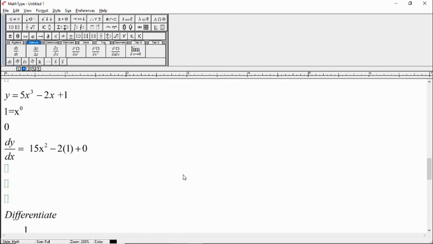So just like how 35 differentiated will become 0, 2 differentiated will become 0, 6,678 differentiated becomes 0. dy by dx is equal to 15x to the power of 2 minus 2. And there's your answer.